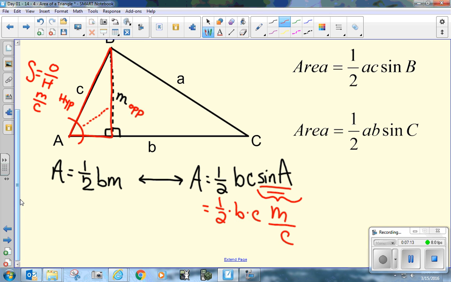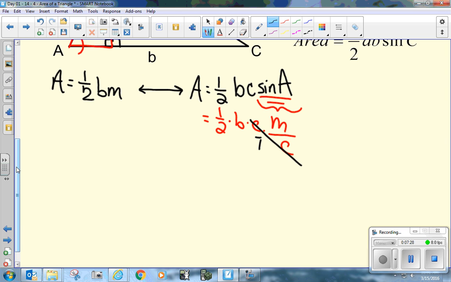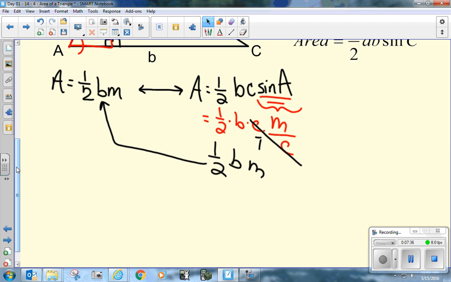If I multiply them, what happens? The C's cancel. This is over 1, right? So what am I left with now? I'm left with 1/2 B M. That's exactly how it works.